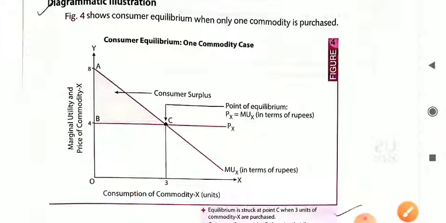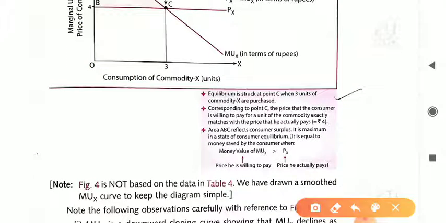So this diagram shows that equilibrium is struck at point C when 3 units of commodity X are purchased. Second, corresponding to point C, the price that the consumer is willing to pay for a unit of a commodity exactly matches the price that he actually pays. It means rupees 4 equals marginal utility of 4.